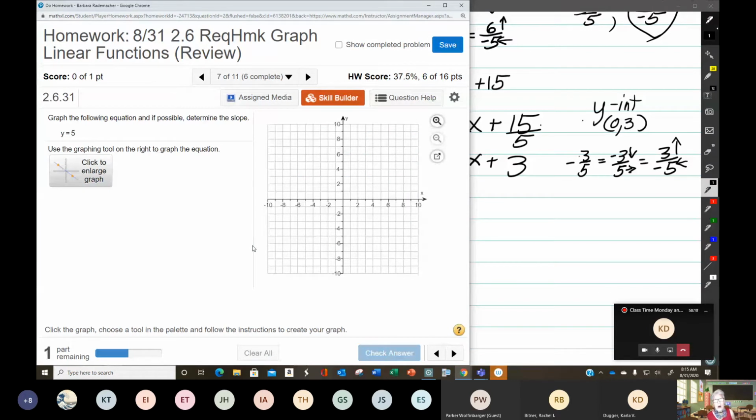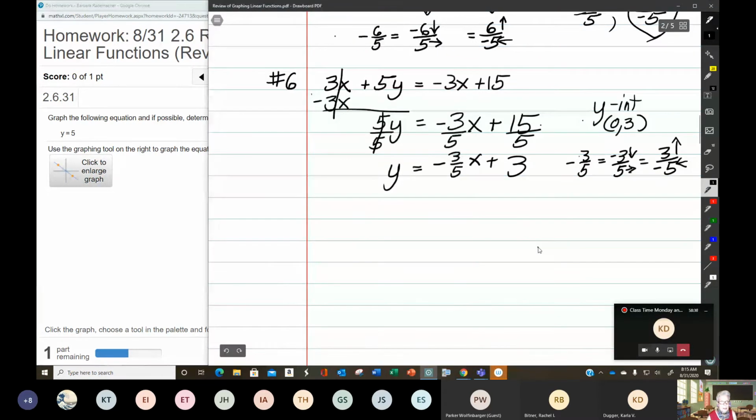And now we're going to go on to some of the more interesting lines, which is the vertical and the horizontal lines. They're really weird. They look weird, don't they? All right, let's look at this first.